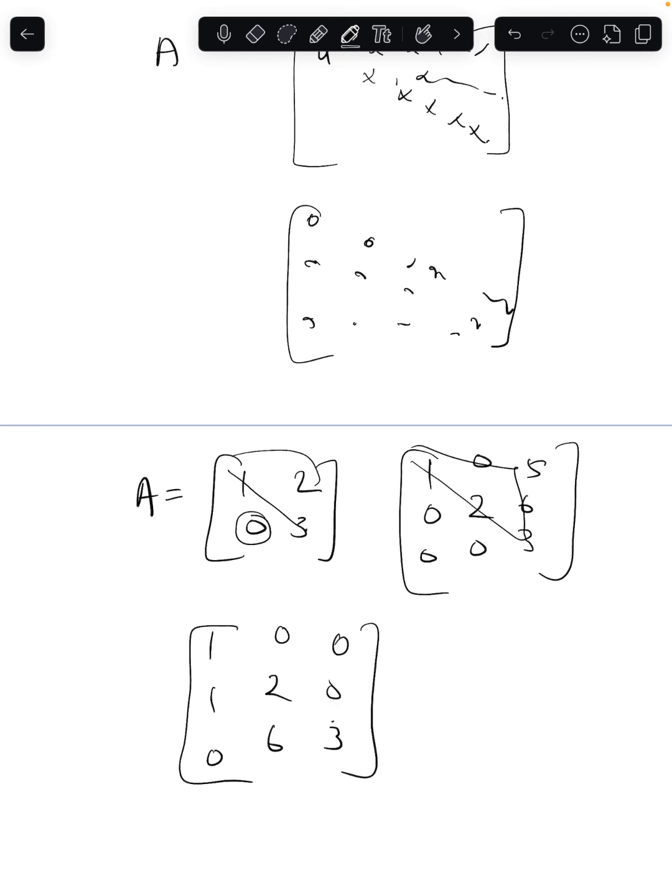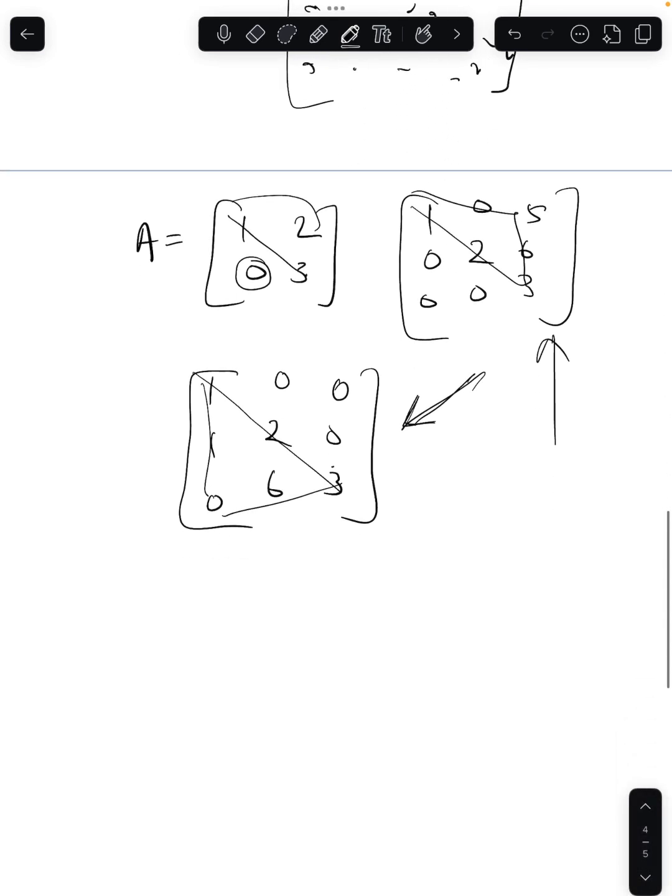This is also a triangular matrix since non-zero entries are only in the diagonal entries and its lower side. This type of matrix is called a lower triangular matrix. This type of matrix is called an upper triangular matrix.